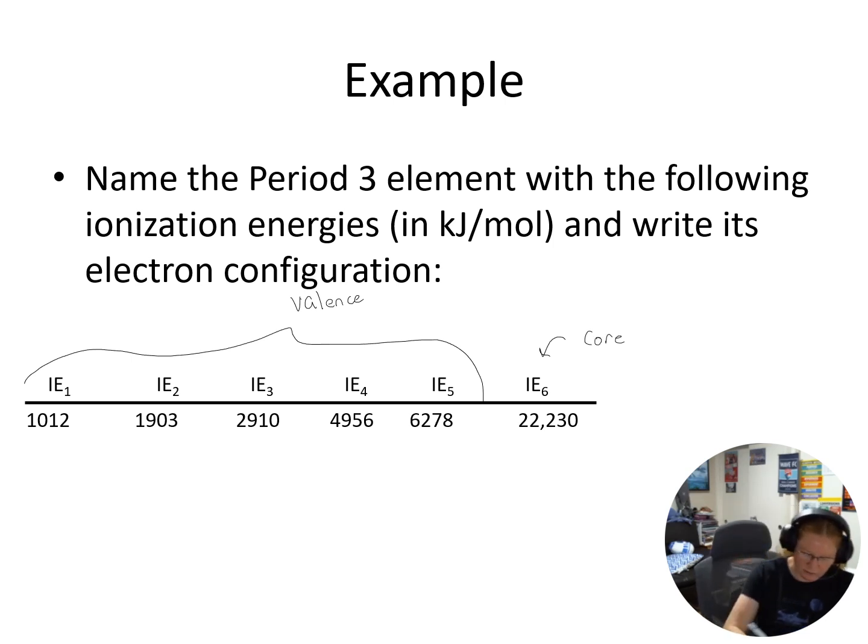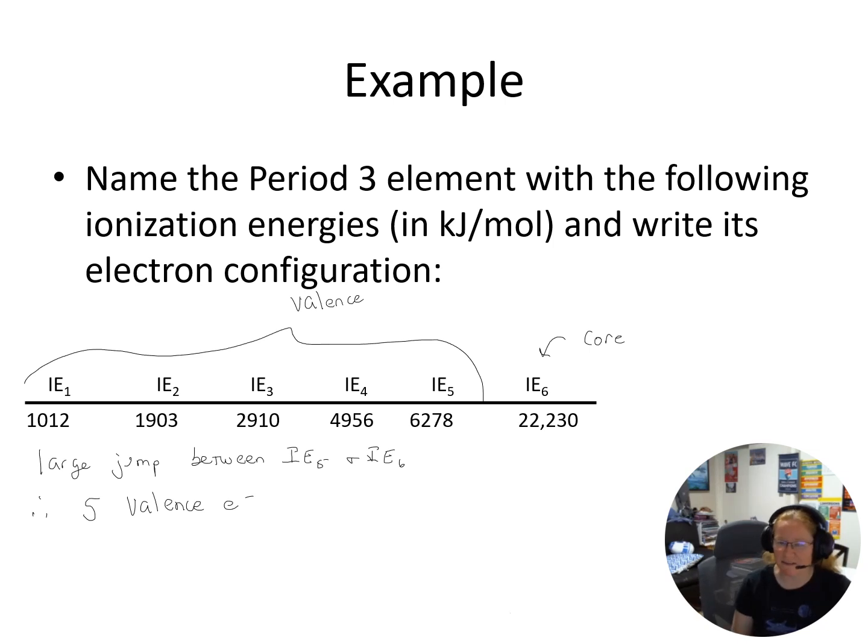So our large jump is between ionization energies 5 and 6. Therefore, we have 5 valence electrons.